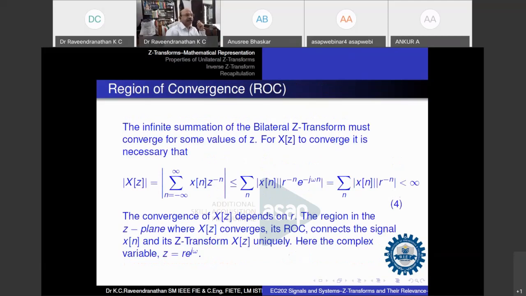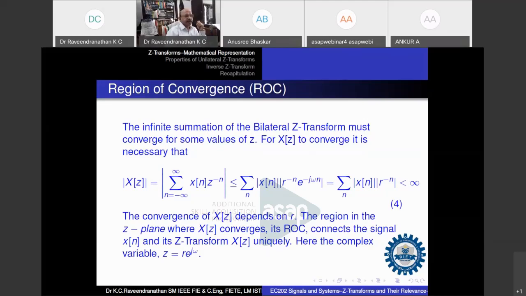So what is meant by region of convergence? The summation x of n z raised to minus n will converge only for certain values of z, and those values of z in the z plane are called the region of convergence. The infinite summation of the bilateral z transform must converge for some values of z only.